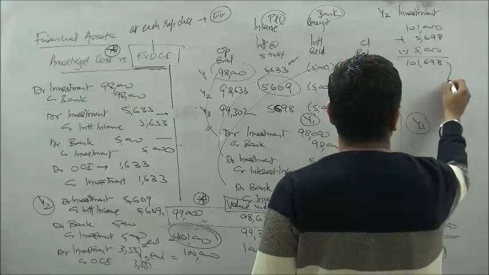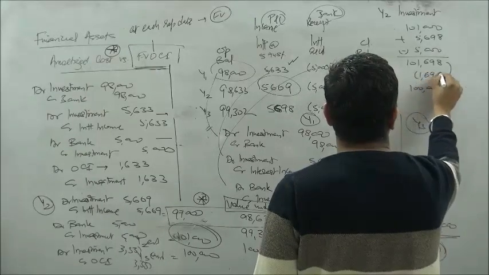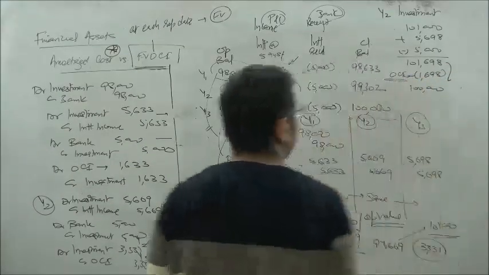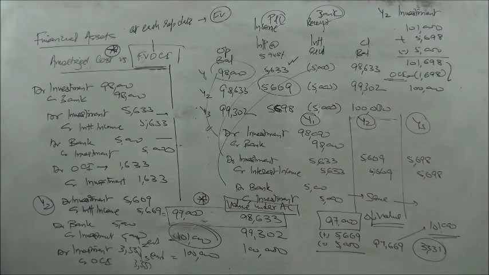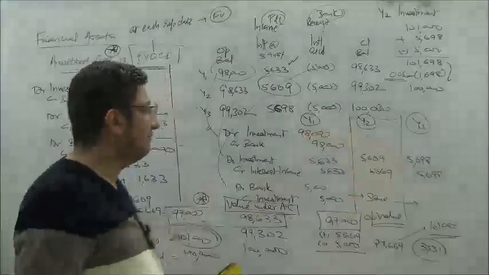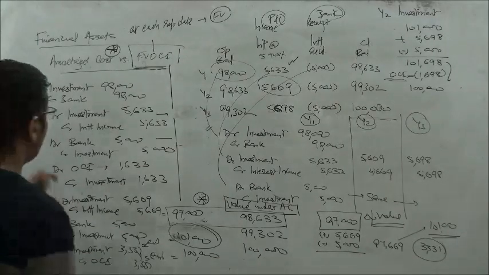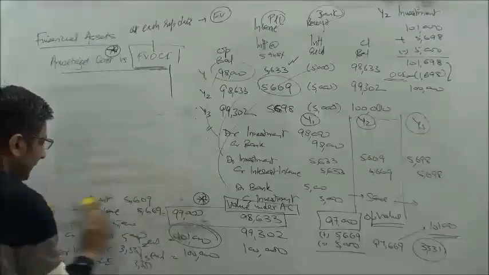I need to bring it down to 100,000, which means that I need to bring this as my OCI differential. When you are done with this kind of accounting, you are able to conclude that the classification would impact your financials directly or indirectly.